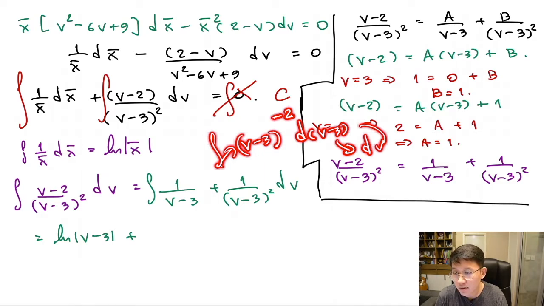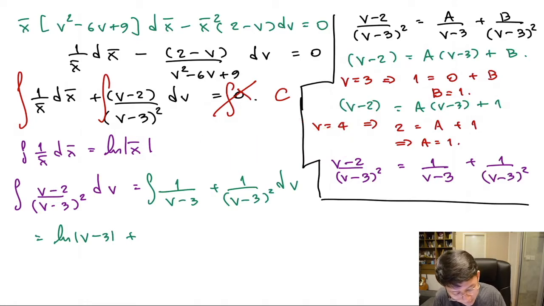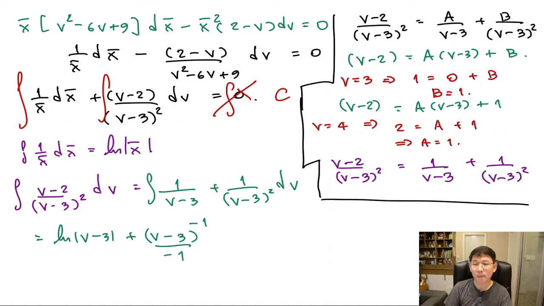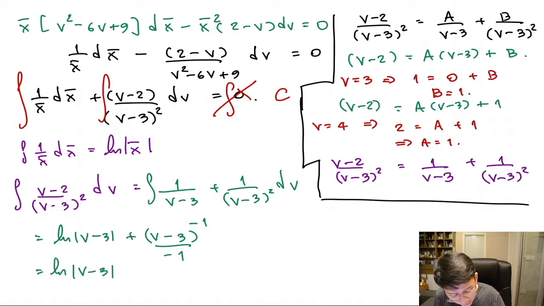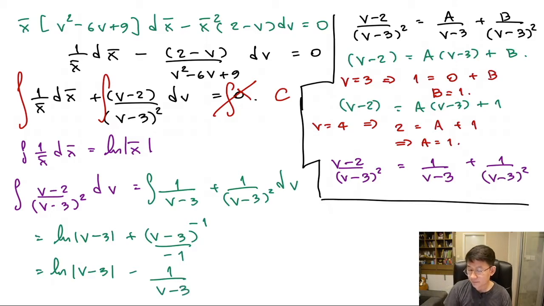So the integration of this would be (v minus 3) to the minus 1, divided by minus 1, isn't it? So it is log of v minus 3 plus minus 1 divided by v minus 3. Okay.